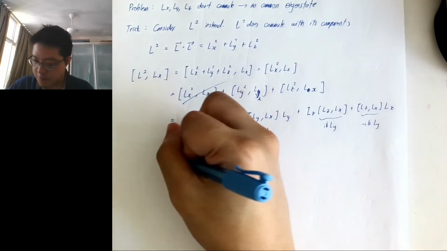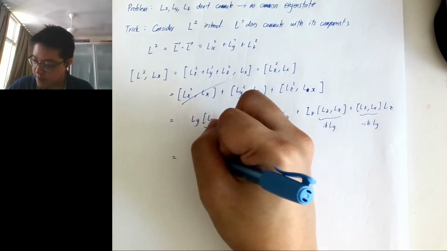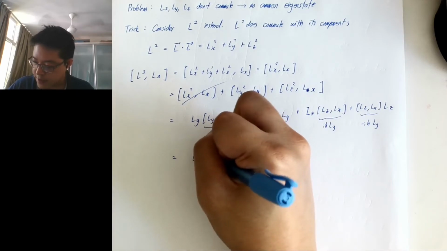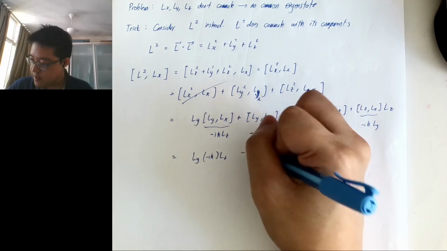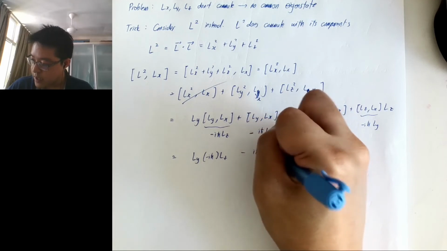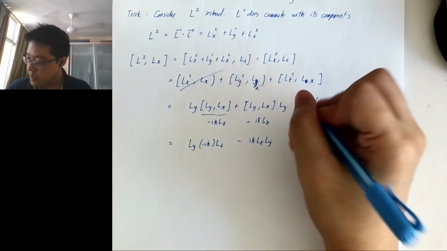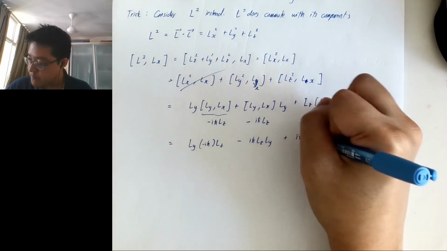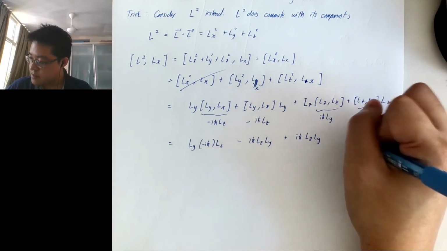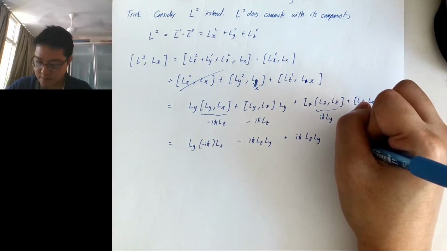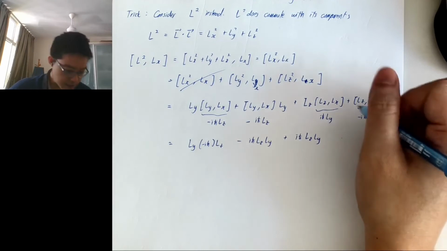Okay, so if you work this out, this will give you Ly negative i h bar Lz. This is negative i h bar Lz Ly. Okay, and then this is i h bar, can put in the front, Lz Ly, and then this is, hang on, zx, this should be plus, is it?